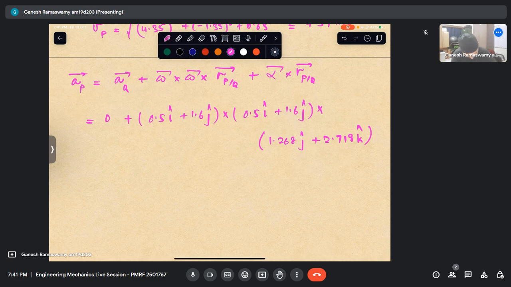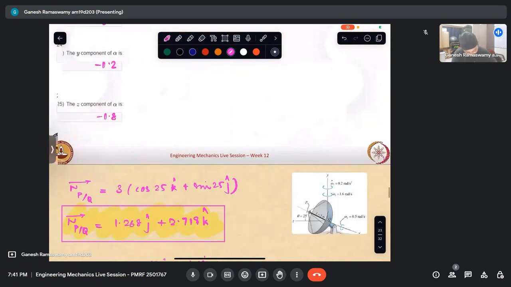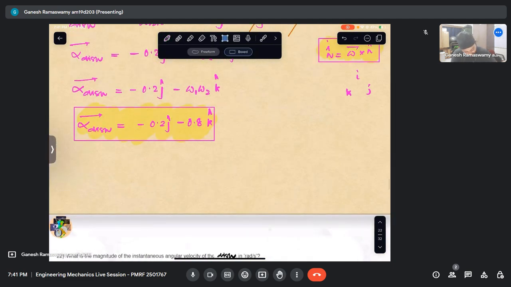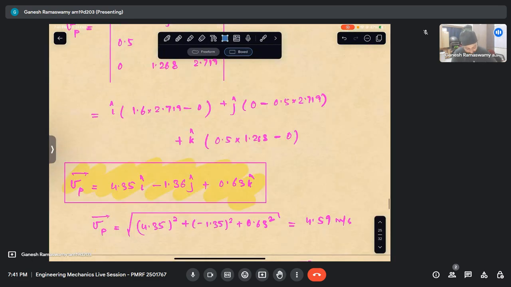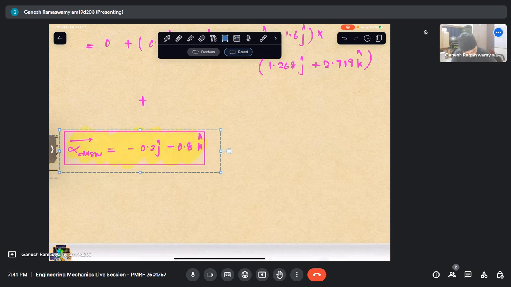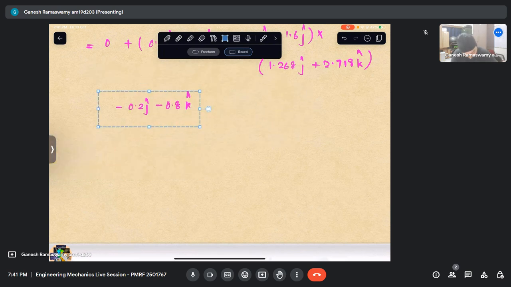Alpha we have found out, it is this here, alpha of the dish, crossed with again this vector.